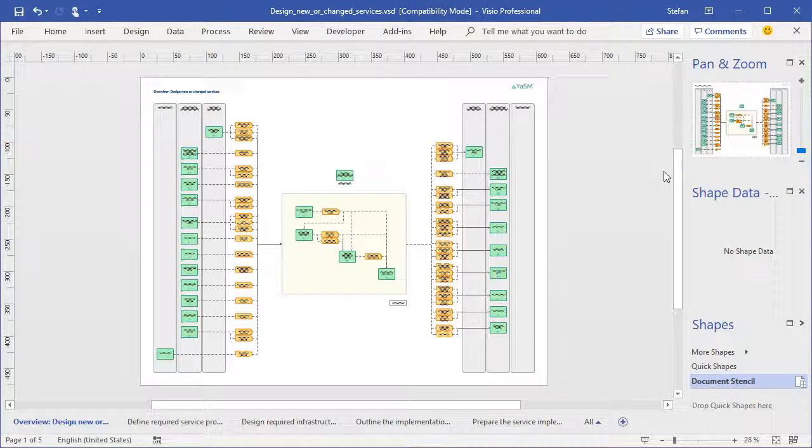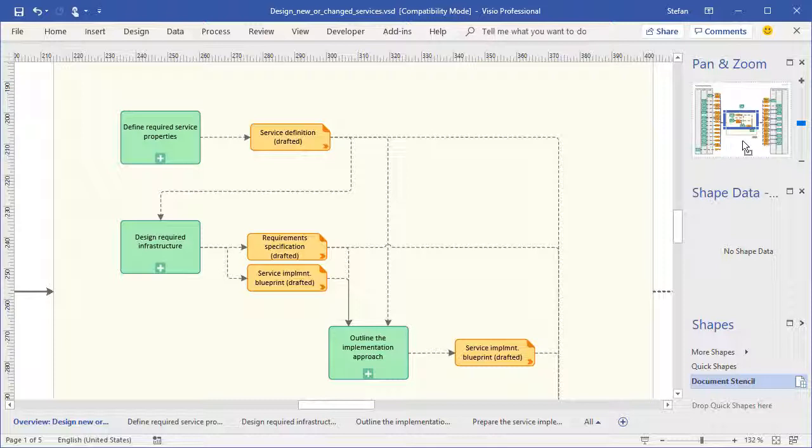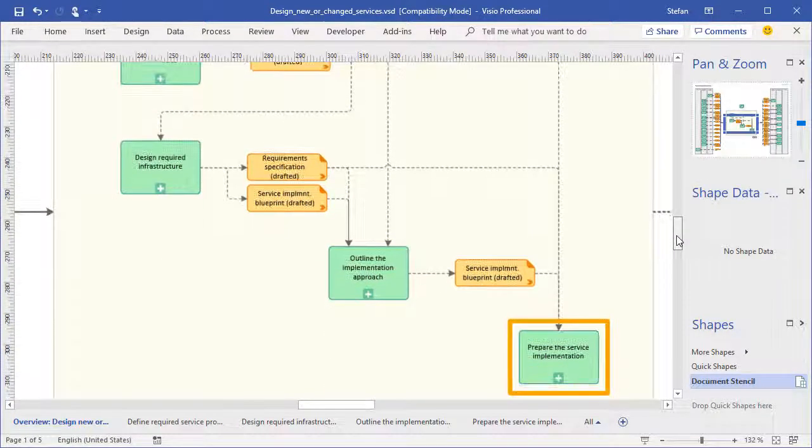In the YaSM model, we translate this guidance into a streamlined service design process. If we zoom in a little, you can see that designing a service in YaSM is quite straightforward. It involves defining the required service properties, designing the required infrastructure, outlining the implementation approach, and preparing the service implementation.